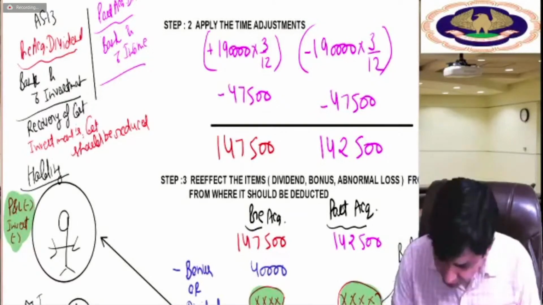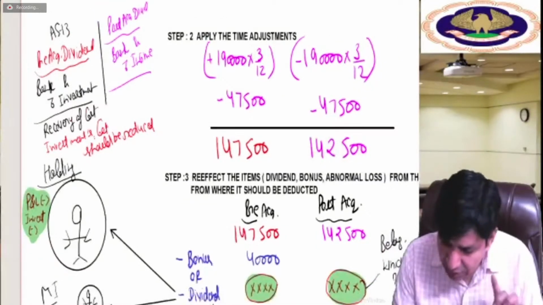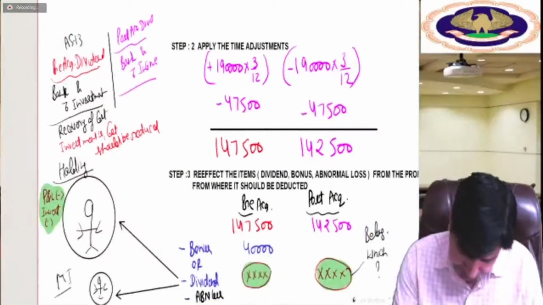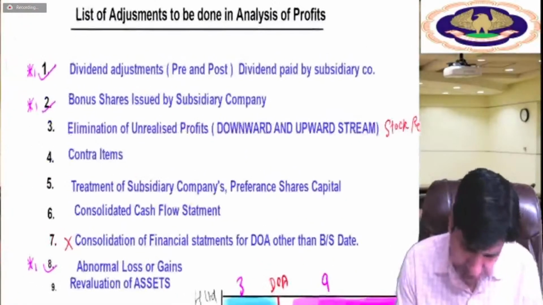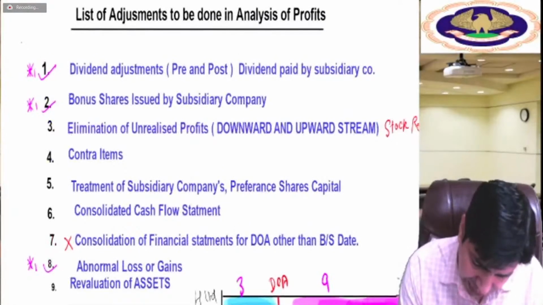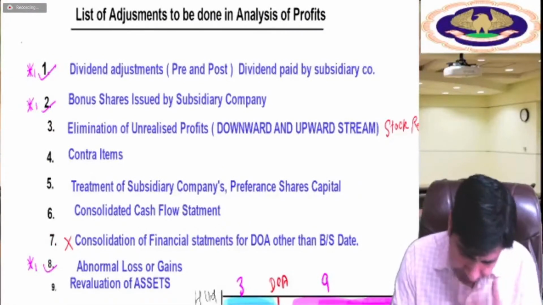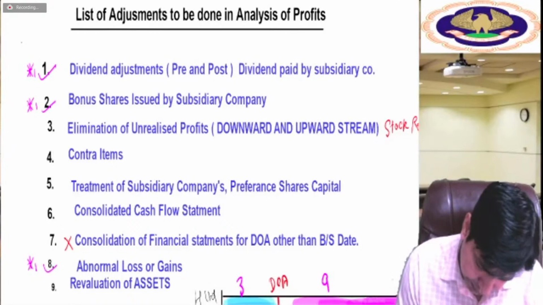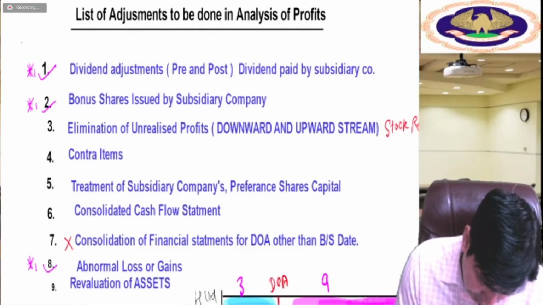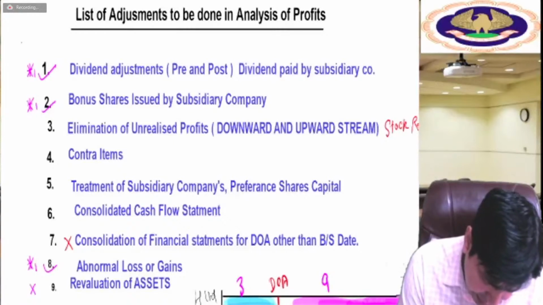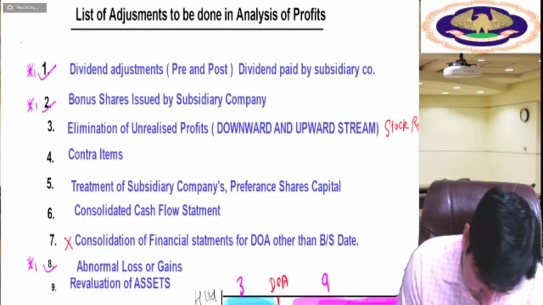Revision done. Now I'm going to do another adjustment, and that adjustment is revaluation adjustment. Give this adjustment star number 2.